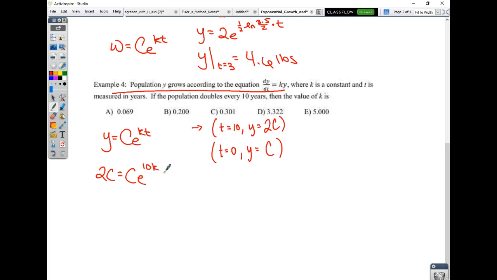And this is really nice. Why? So what am I really looking for? Well, I know the answer better not be D. And I know that the answer better not be E, because how on earth do I have a 3 and a 5 if I've got natural log of 2, which is clearly less than E, so it should be less than 1, right?